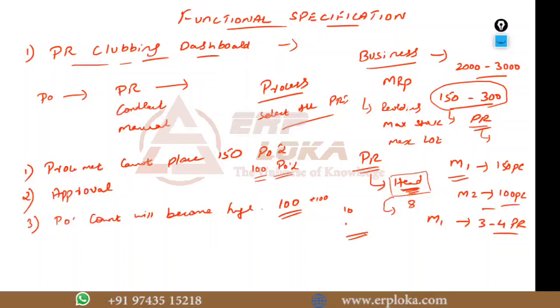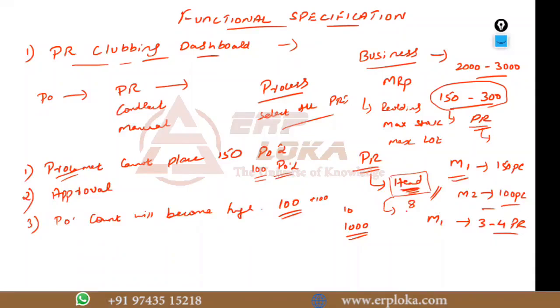He cannot check when 1000 POs are getting generated and 1000 POs are getting delivered. Each and everything you need to monitor. So it is a big problem for the procurement guy, and for the department head who is going to release the PRs and the POs.